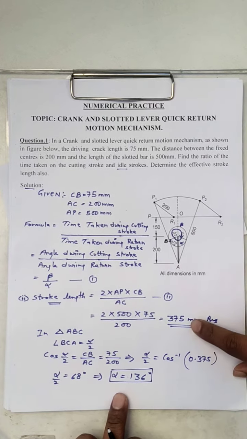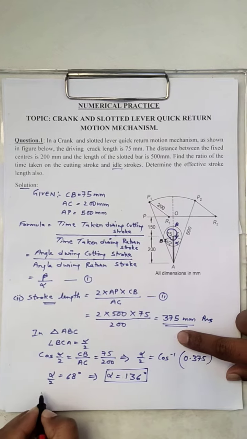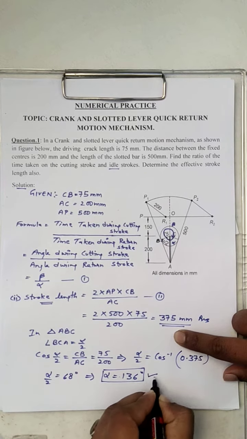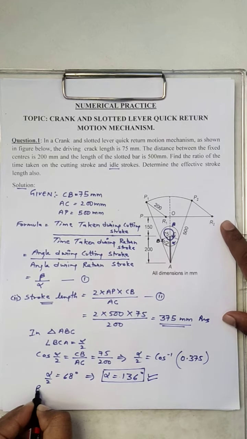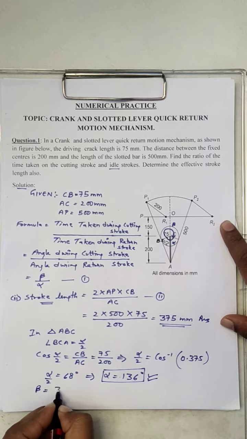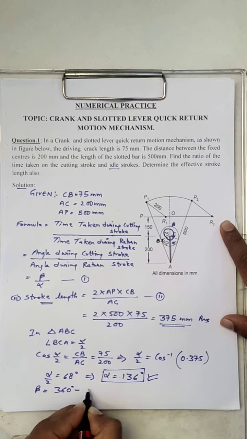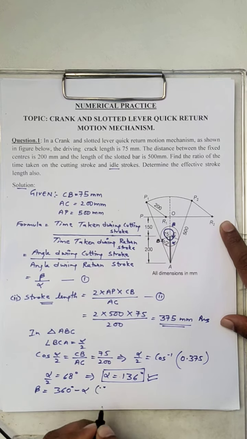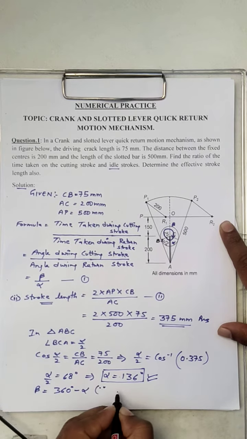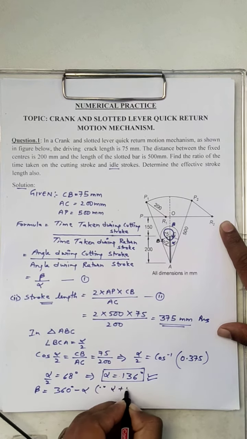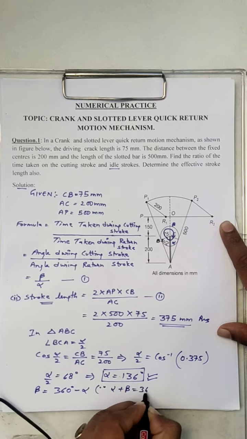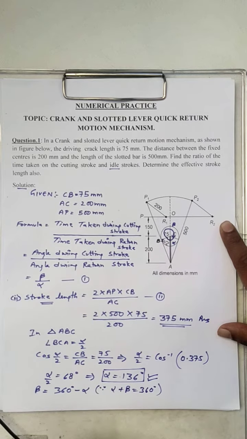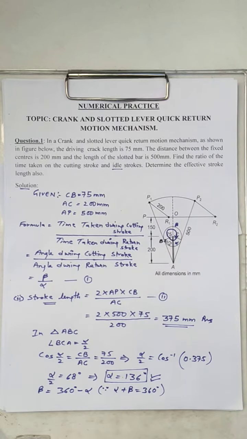Now since alpha is 136 degree, now beta will be how much? 360 degree minus alpha, since alpha plus beta equals 360 degree, so beta is 360 degree minus alpha.